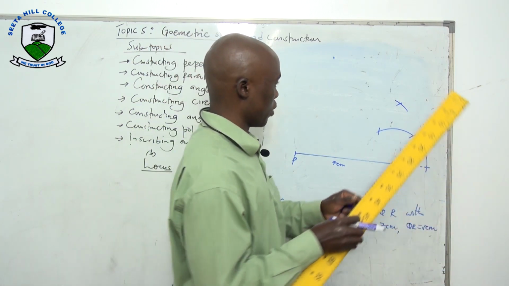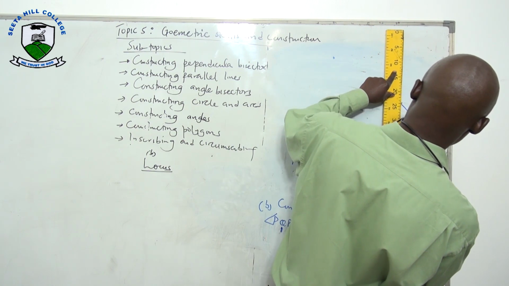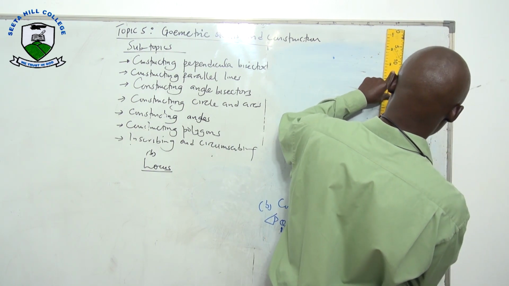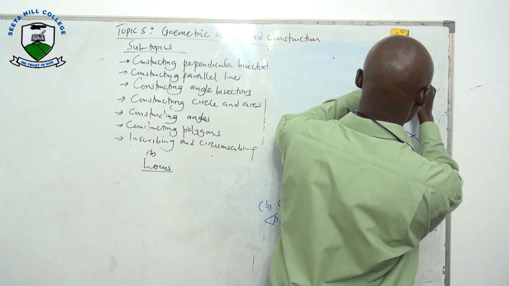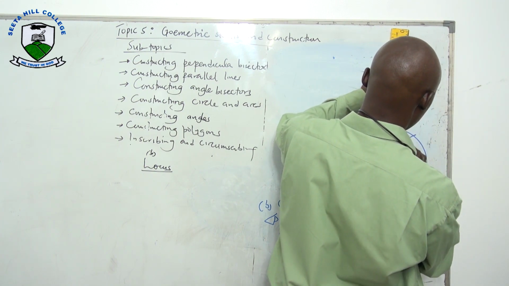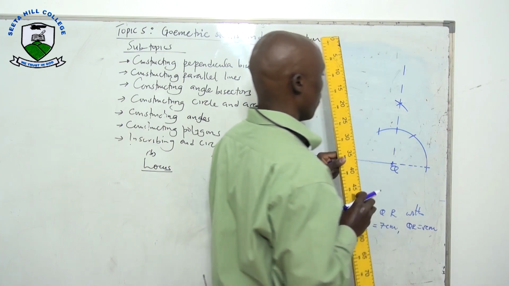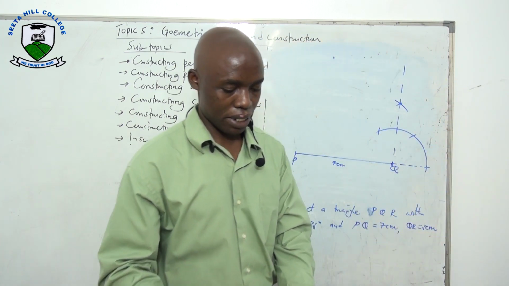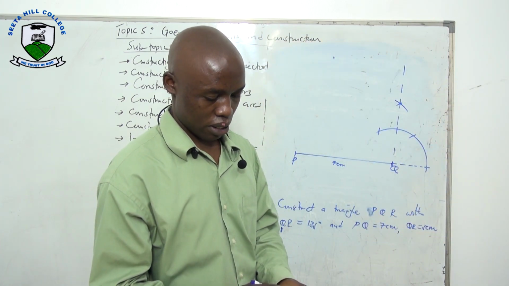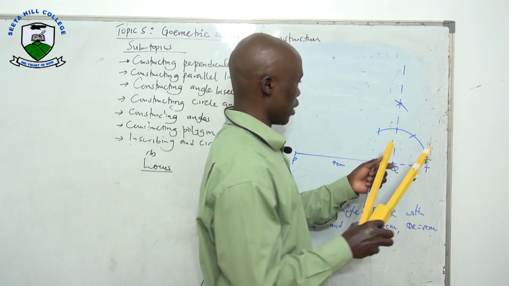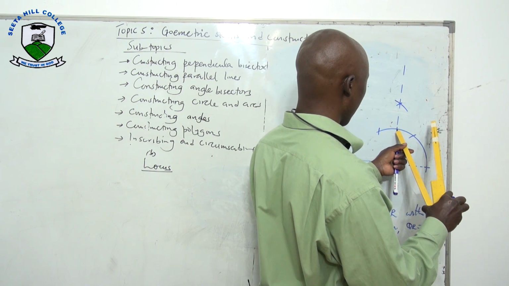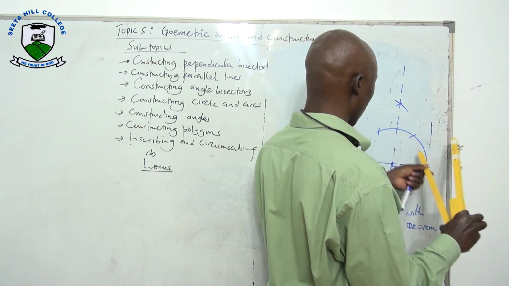That's now your 90. You're not interested in it. You make it dotted. Then divide 90 to get 45 this side, so that 135 is inside as the question wants.